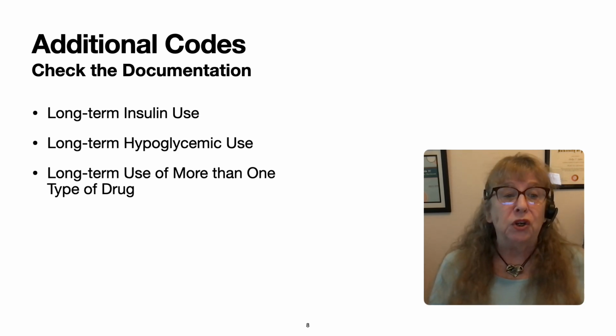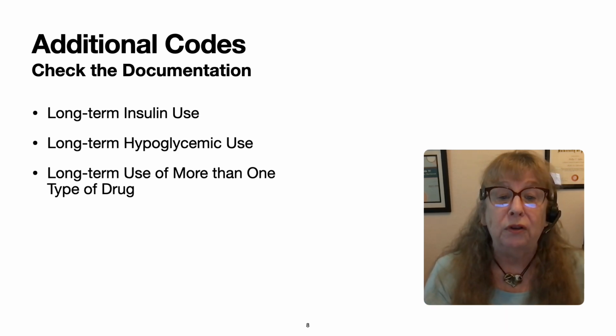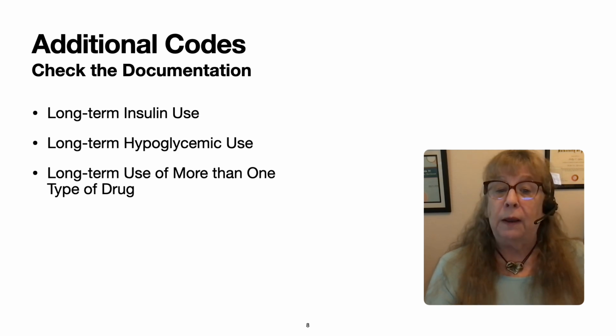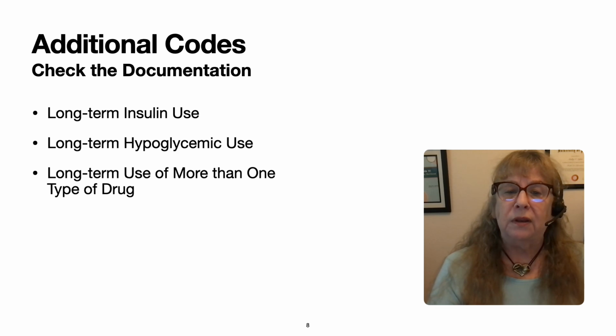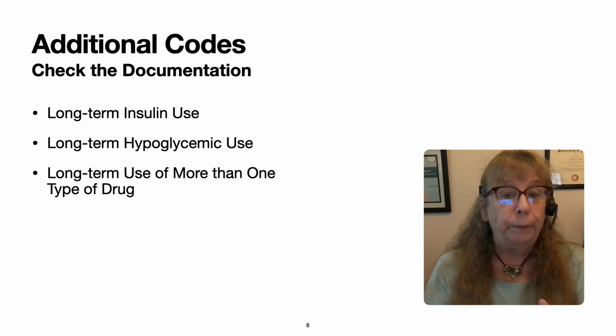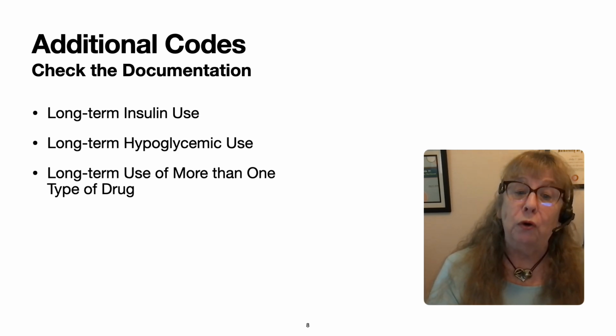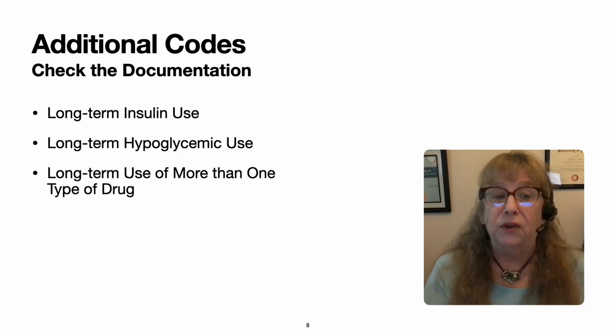There are times when you may need additional codes to that one single combination diabetes code. Check the documentation for whether the patient is on long-term insulin use. Remember I mentioned this before: type 1 diabetics will not be given this second code because we already know a type 1 diabetic must use insulin every day, so there's no reason to clutter things up by being repetitive. However, type 2 diabetics, gestational diabetics, and secondary diabetics may not necessarily use insulin long term, and so that would require a second code.